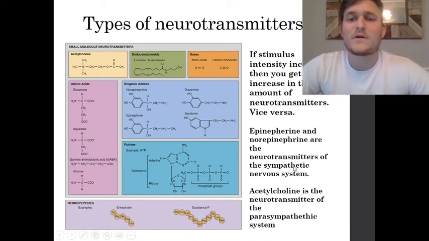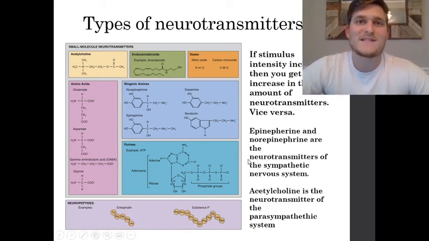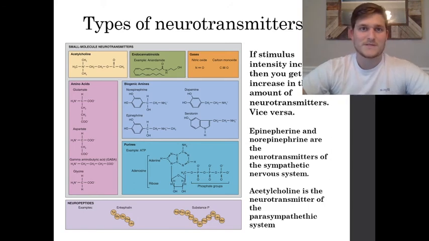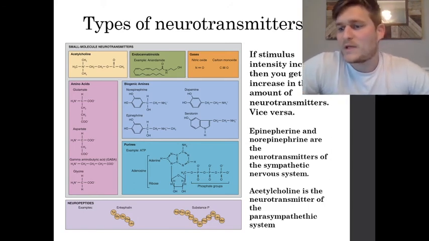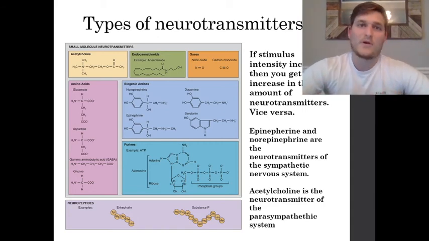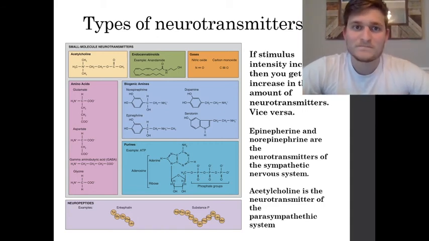These are going to be the neurotransmitters of the sympathetic nervous system, which you may know as the fight or flight side of our nervous system. So when we go on a run, when we start physical activity, that fight or flight response turns on, and these neurotransmitters are released and bind to receptors, which pick up our heart rate, which pick up our blood pressure, and get us ready for that physical activity.